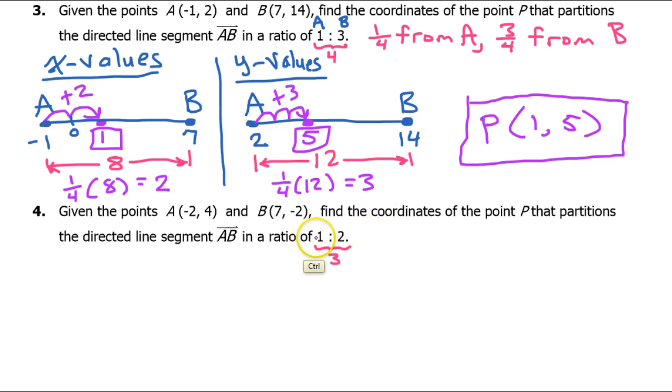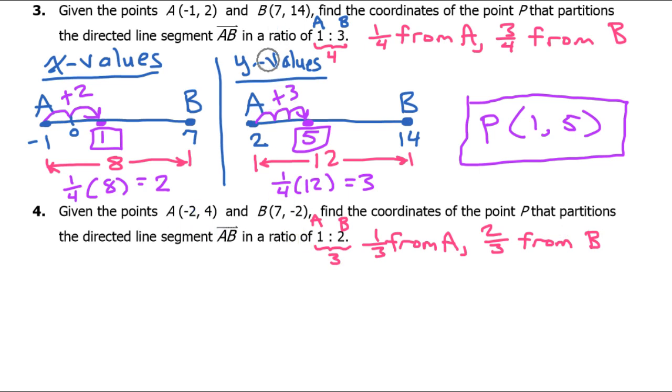That means if we take 1 step away from A, we are 1/3 of the way from A. So 1/3 away from A. And if we were taking 2 steps from B, because this is like our A and our B, so every 2 steps from B will be 2/3 of the way, because you have to look at the total. So we will be 2/3 from B.